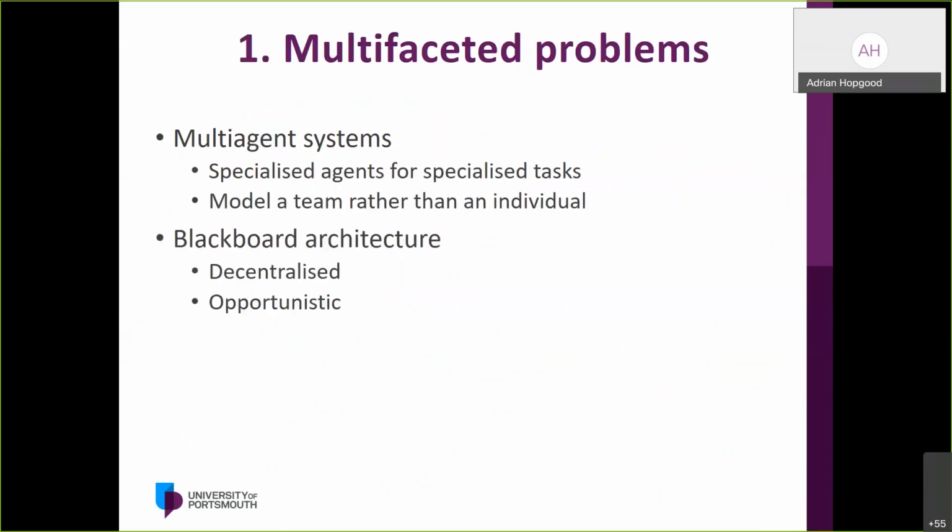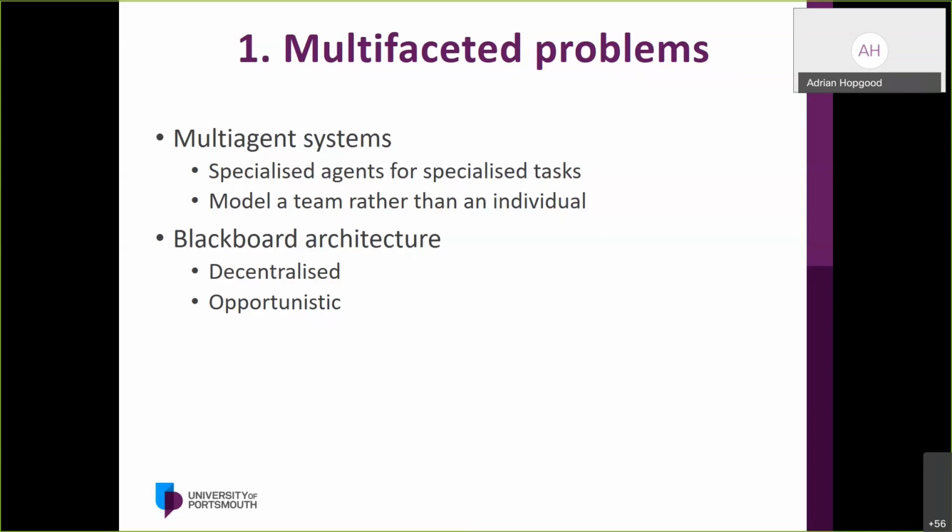So starting with multifaceted problems, before getting onto the examples here, I'm going to point to the underlying techniques that we're using. For many years, I've had an interest in multi-agent systems, where you break down a problem into subtasks of the overall problem, each of which requires a specialist software agent to tackle it.